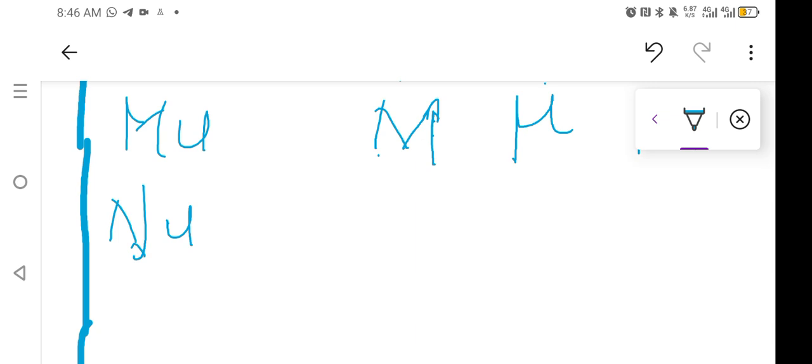Nu. And the uppercase is very simple, just like the English letter N. Now, the lowercase is very different.